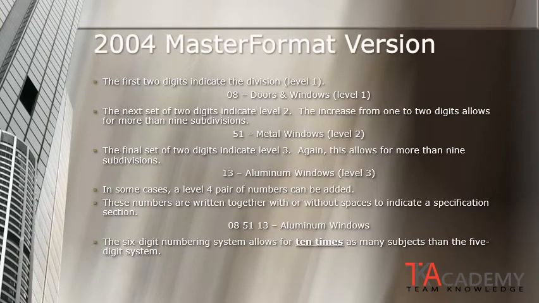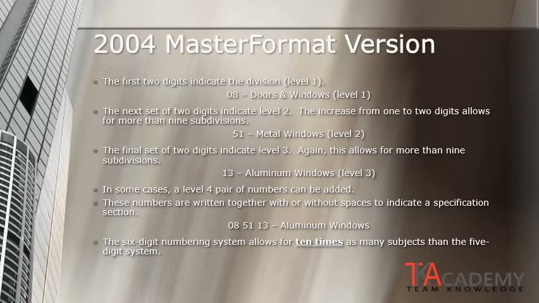Another significant change introduced in the 2004 MasterFormat version was the change from a 5-digit to a 6-digit numbering system. The concept is the same in that the digits indicate the level of detail. The first 2 digits indicate the division, or level 1 detail. In this example, 08 indicates division 8, doors and windows.